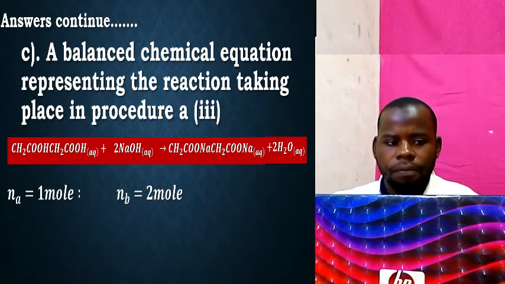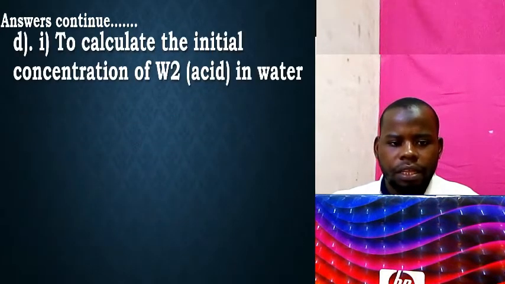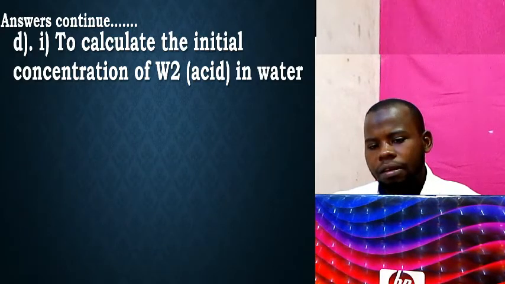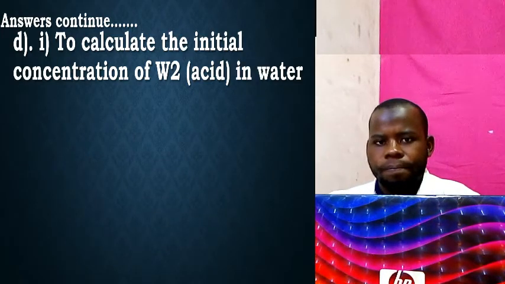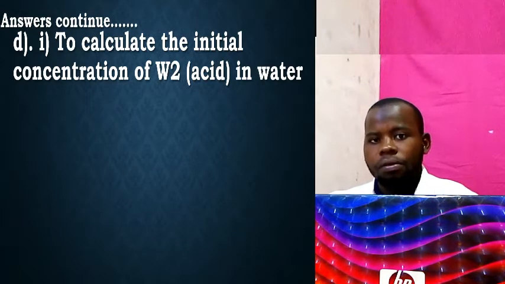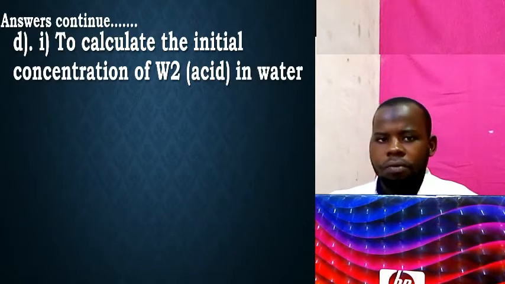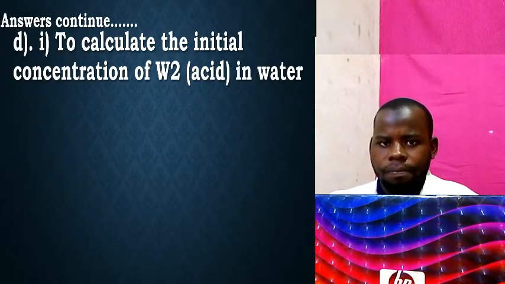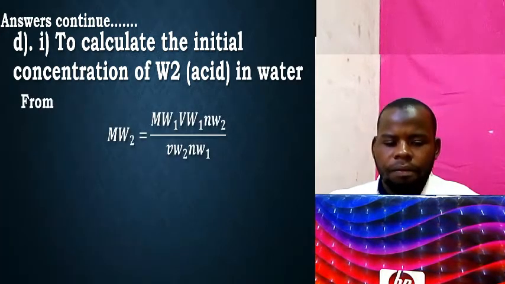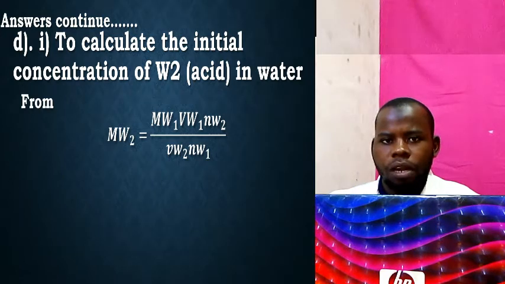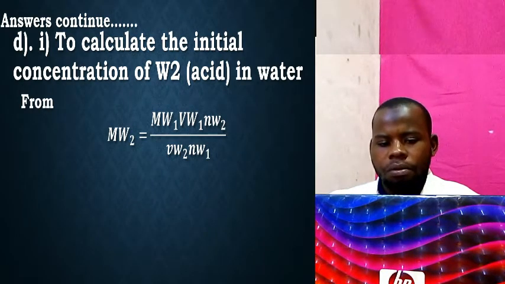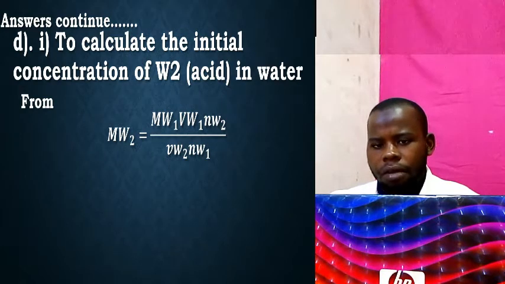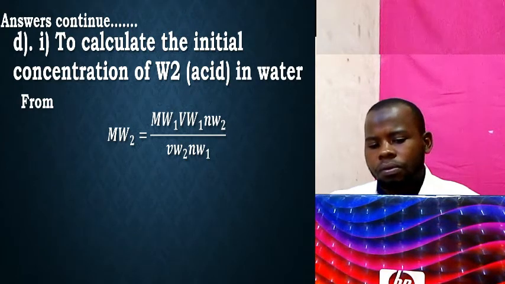This is advanced level. After the balanced equation, the next is to calculate the initial concentration of W2 in water. That is the concentration for the first procedure. We are going to use the data for the first procedure, which is the volume of titration, or volume used. We are going to use the molar ratio formula. So molarity of W2 is equal to molarity of W1 times volume W1 times number of moles of W2, over volume of W2 times number of moles of W1.